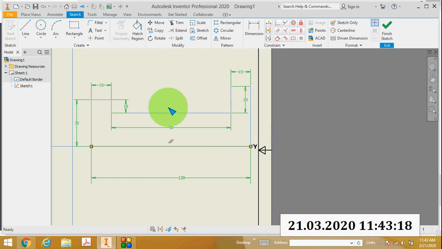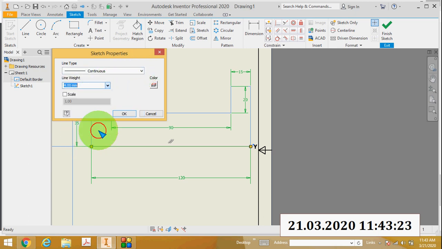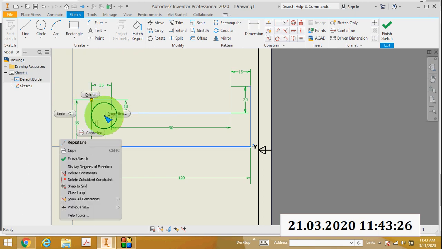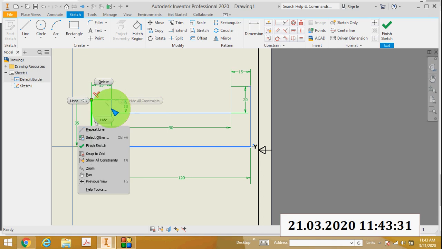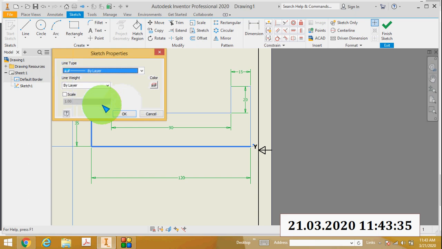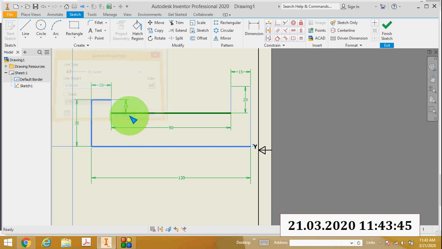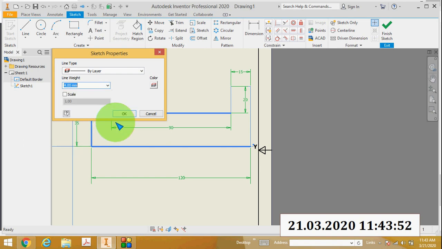Draw this front view using an H pencil, dark line, because it is a view. So I will dark this front view.